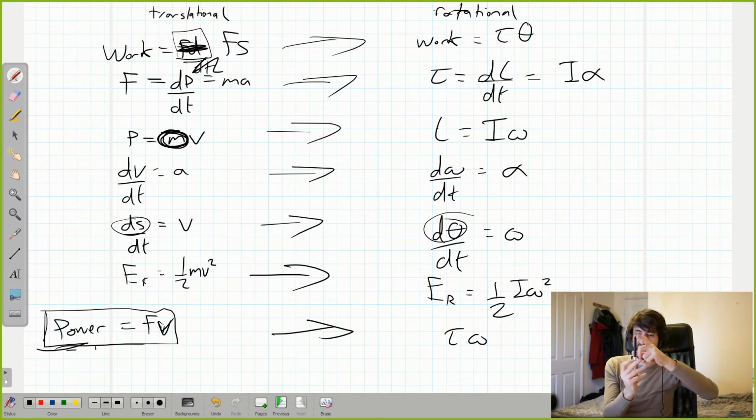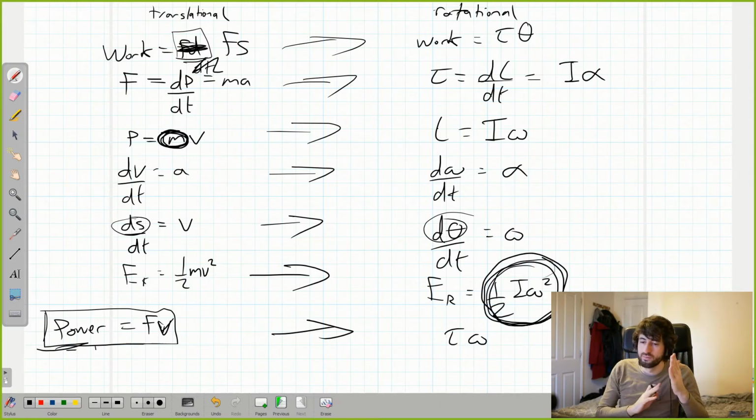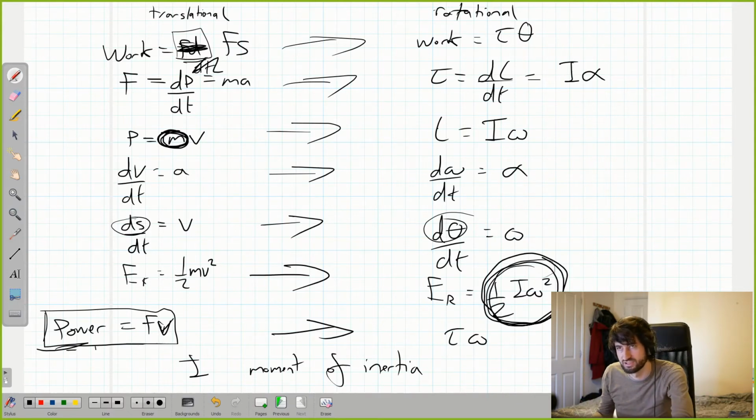But if it had a high moment of inertia, it would be hard to turn. Mass is inertia, which is why it's called inertial mass: your ability to resist acceleration. The moment of inertia is something's ability to resist angular acceleration.